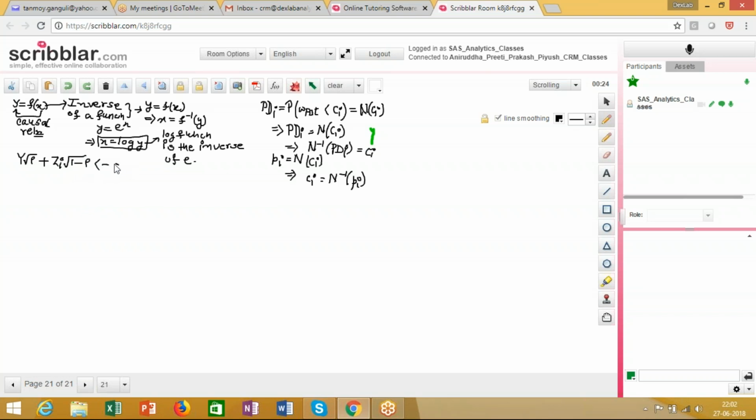Then minus. Now, over here you can see one thing that y root rho less than.